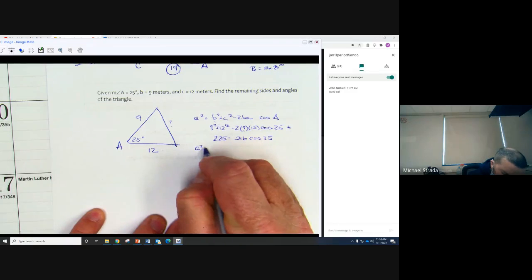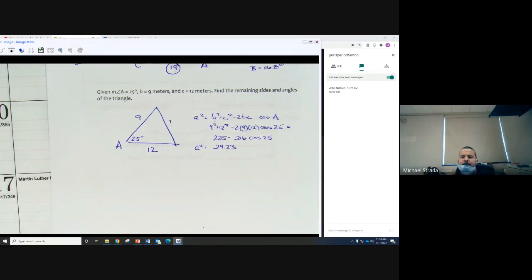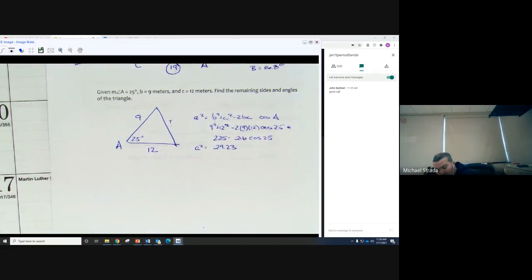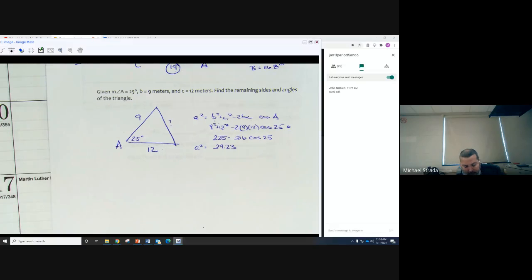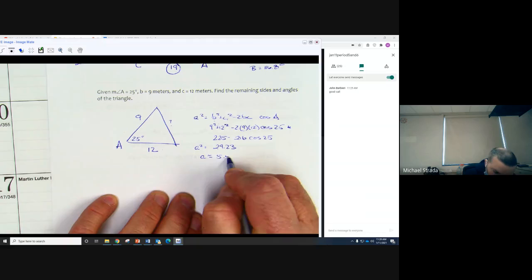A squared after plugging this in is 29.23. Now, don't forget that squared, so you got to do a square root. I like the Pythagorean theorem. So we do the square root of 29.23, and A comes out to be approximately 5.41.